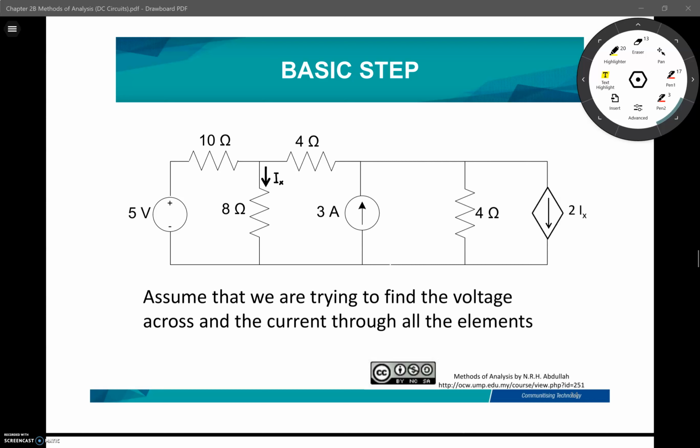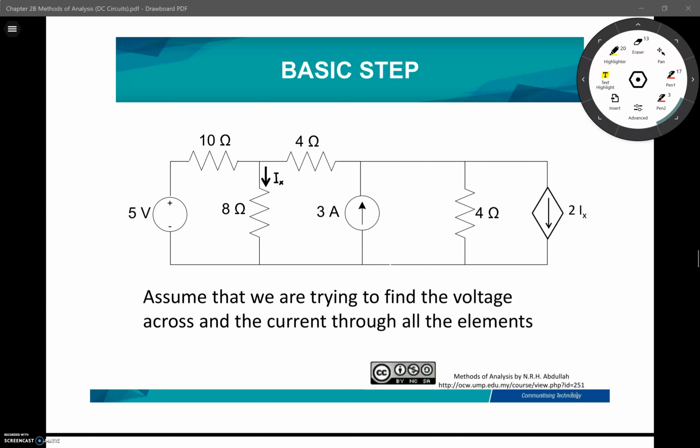This is an example of the mesh circuit. Assume that we are trying to find the voltage across and the current through all the elements. First, we have to analyze the circuit. Does the circuit consist of a dependent current source or a dependent voltage source?